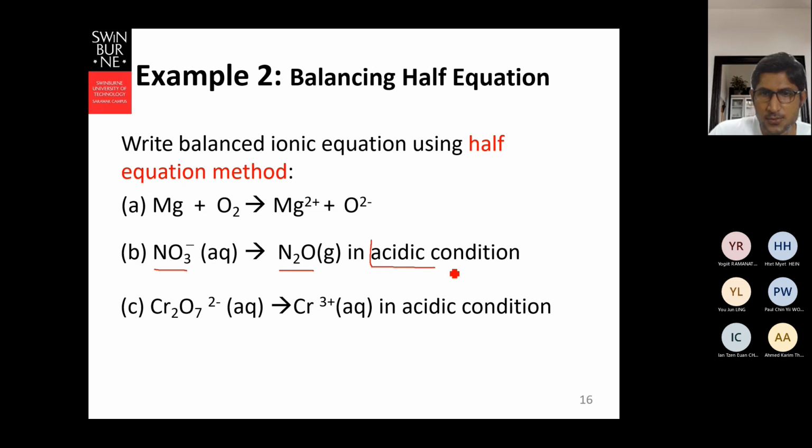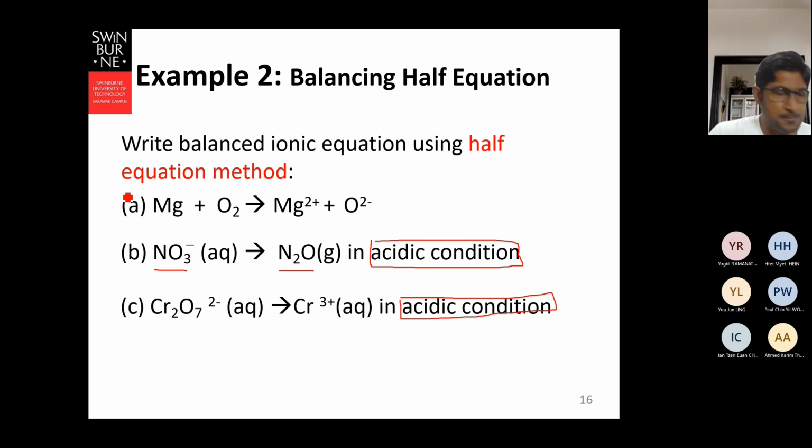This is very important. Why? We will tell you later. In acidic condition as well, magnesium is becoming magnesium oxide, nitrate ion becomes dinitrogen oxide, and chromate ion becomes chromium ion.